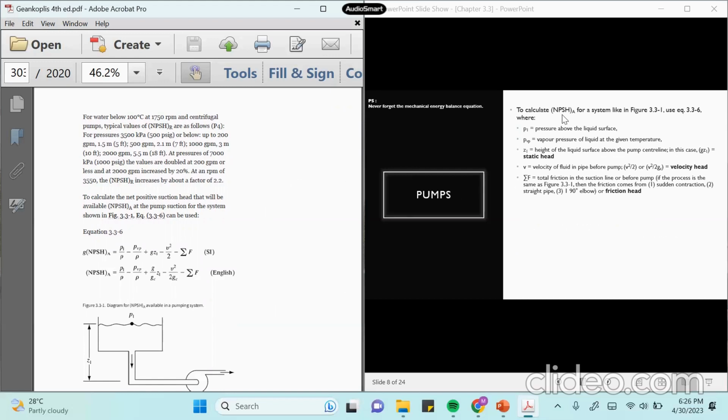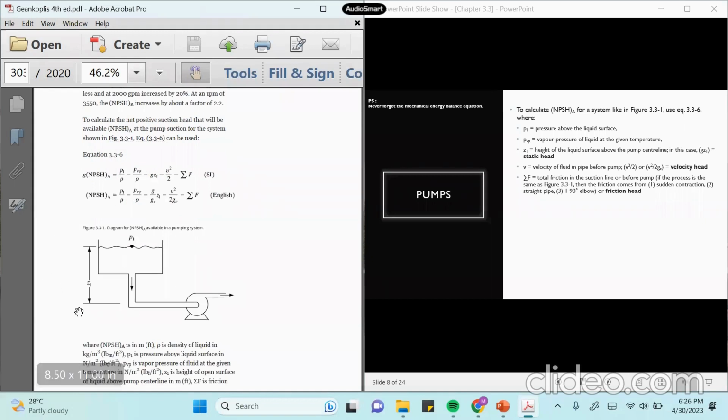Now, to calculate NPSHA for a system like in the figure of 3.3-1, we can use equation 3.3-6, where P1 is the pressure above the liquid surface, PVP is the vapor pressure of liquid at given temperature, and C is the height of the liquid surface above the pump center line.